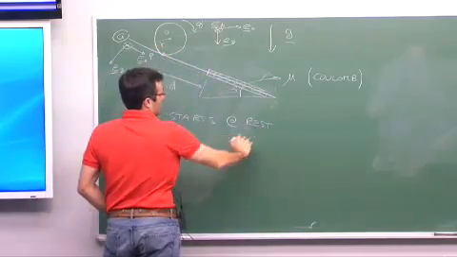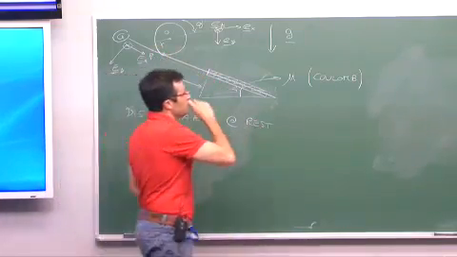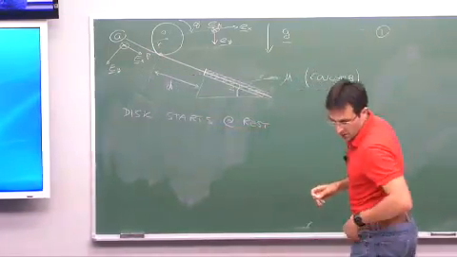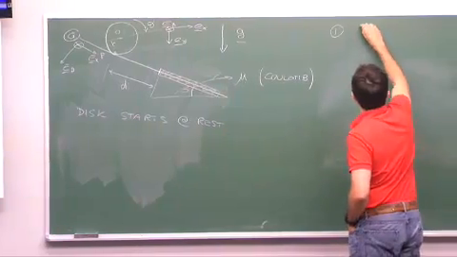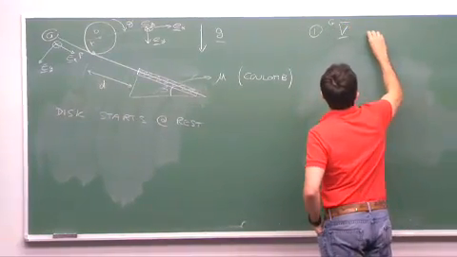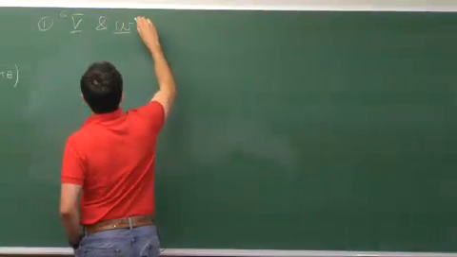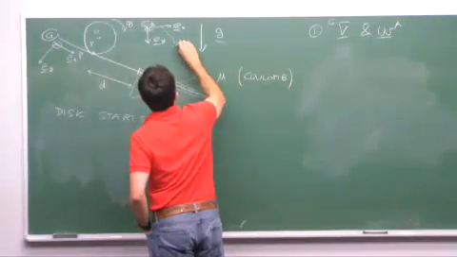This object starts at rest. The questions are, one, the velocity of the center of mass and the angular velocity of the body, which I called A. This is fixed in A, which is the disk.